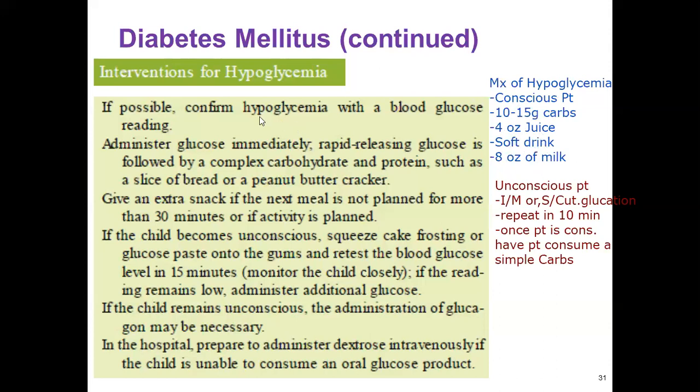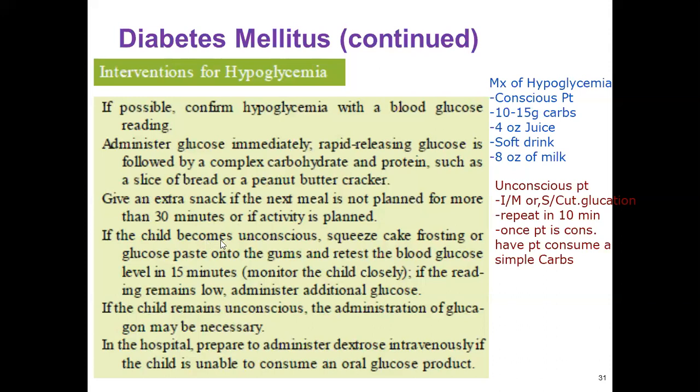Let me read what our NCLEX textbook says. If possible, confirm the hypoglycemia with a blood glucose reading. Administer glucose immediately, and rapid-release glucose is followed by a complex carbohydrate or protein. Give an extra snack if the next meal is not planned for more than 30 minutes or if activity is planned.